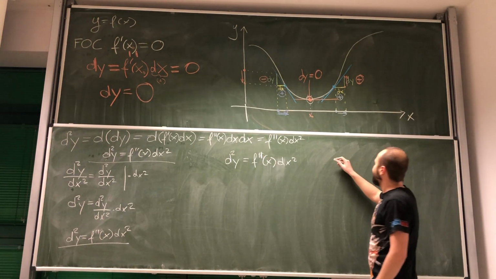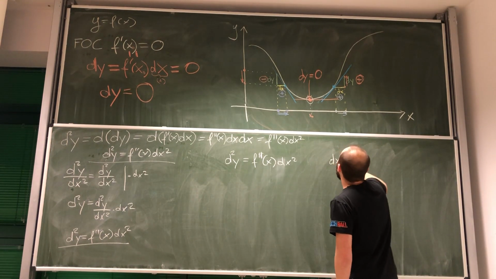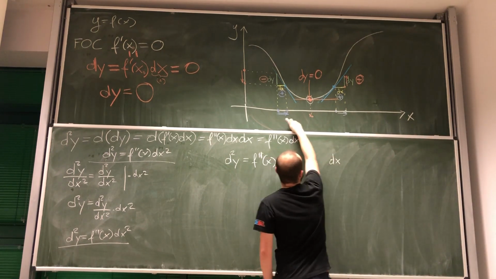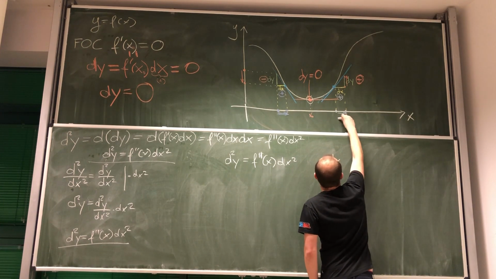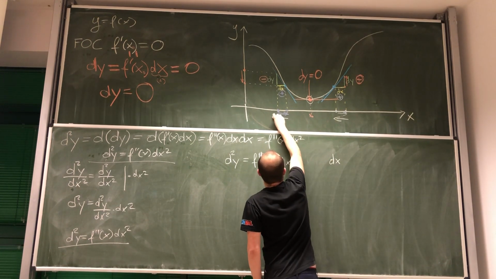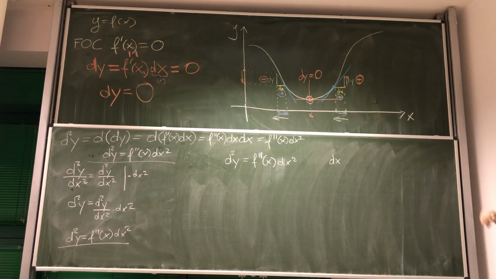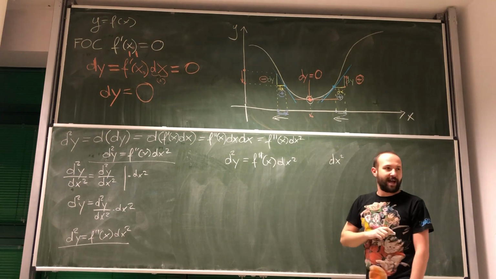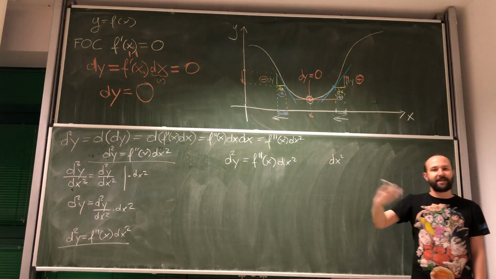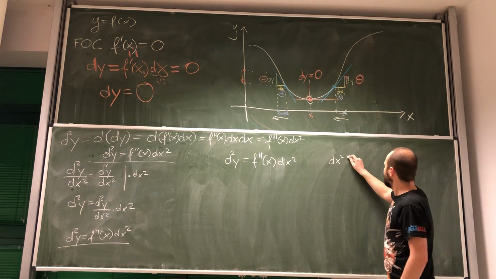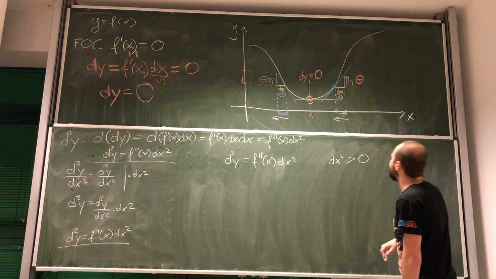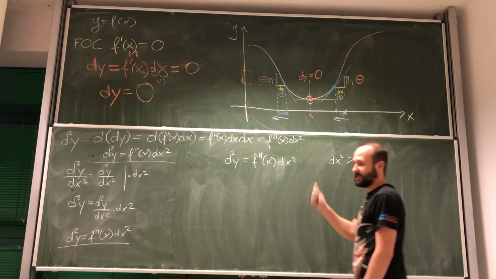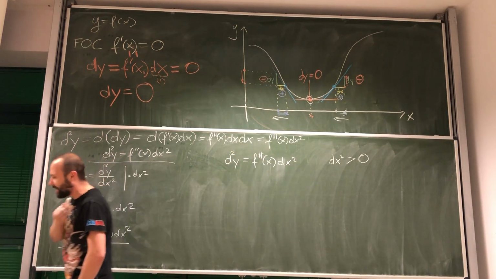Because dx, on one hand, could be positive or negative, right? We don't need to just move from left to the right, we can move in both directions, right? But it doesn't really matter in case of dx squared, because a square of a positive value is positive, and a square of a negative value is also positive. This is definitely going to be higher than 0 because we assume that dx is different than 0. Just slightly, but different.